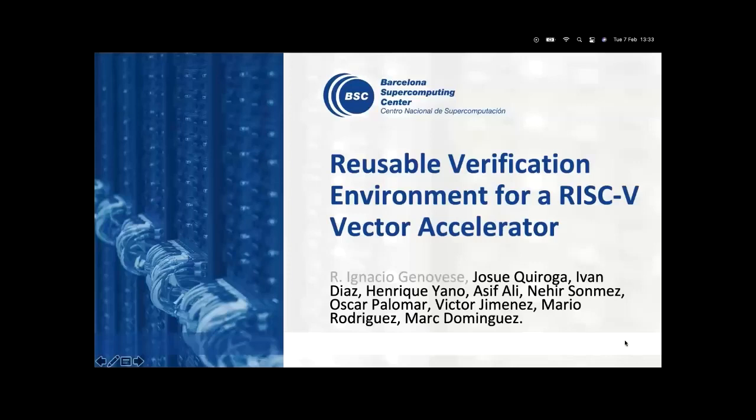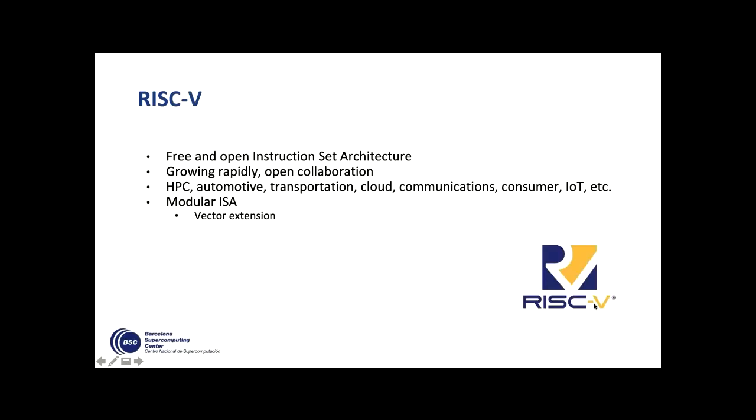Here at the BSC, we are a team working with RISC-V cores and accelerators. For those who are not familiar with RISC-V, I wanted to give a short introduction. RISC-V is a free and open source ISA with no royalty fees, and it's growing rapidly with open collaboration, being adopted for many applications like cloud, IoT, HPC, etc., across many industries.